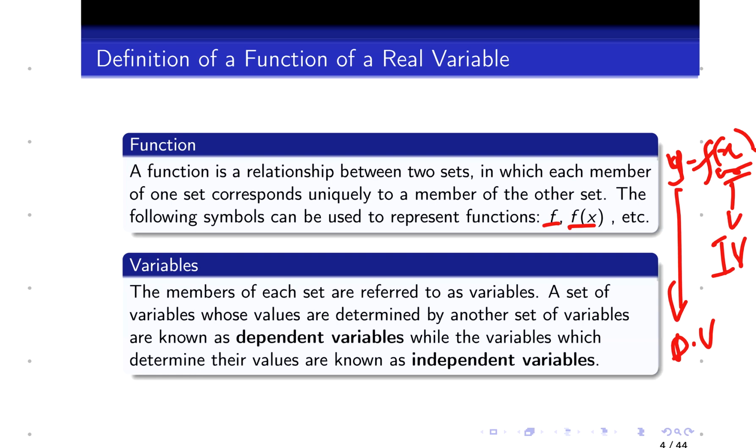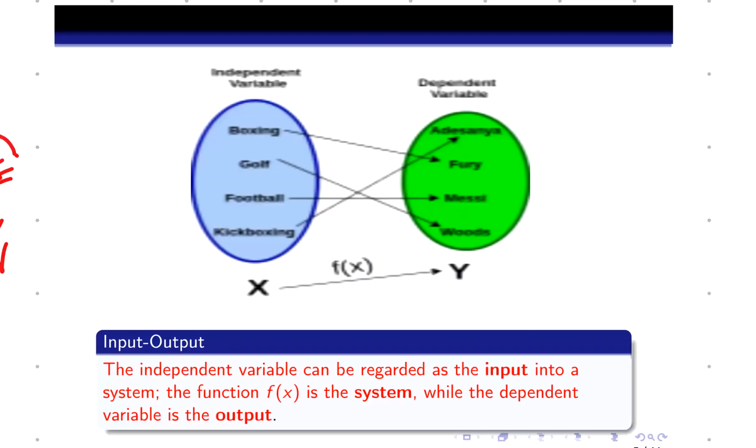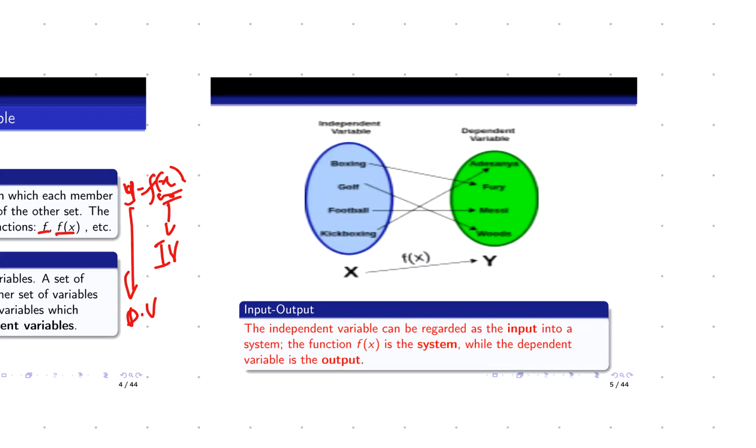Okay, to bring it to clarity, you can look at this. It looks a bit faint, but here you have the independent variables, and here you have the dependent variables. For instance, I've chosen two sets, a practical set of boxing, golf, football, and kickboxing. So here we chose boxing as our independent variable, which determines the big players, right?